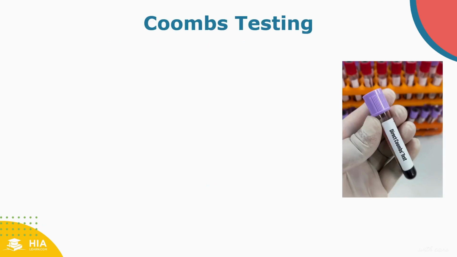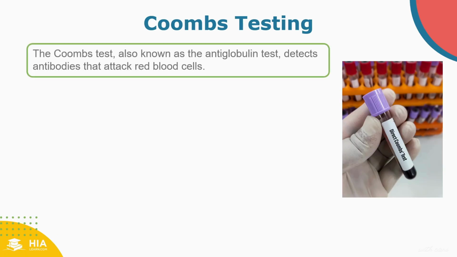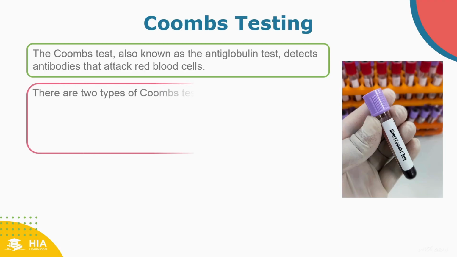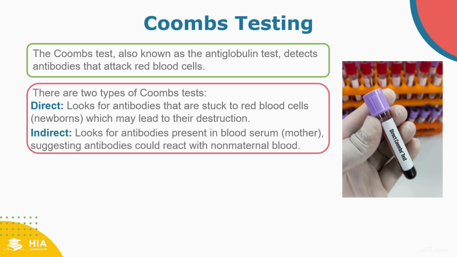Part of the clinical workup for determining a diagnosis of blood group incompatibility is a Coombs or antiglobulin test. This test detects the presence of antibodies that attack red blood cells. A direct Coombs test is used on newborns to see if their red blood cells have antibodies attached that may lead to their destruction. An indirect test looks for the presence of antibodies in the mother's blood, suggesting a possible reaction to incompatible non-maternal blood.